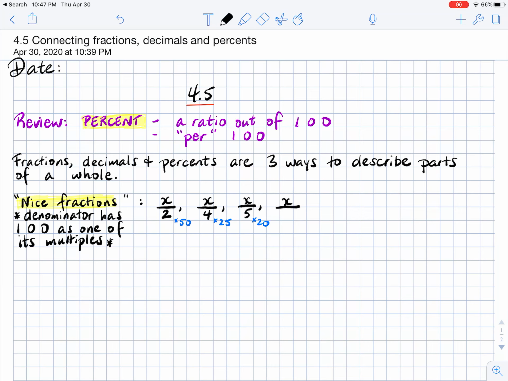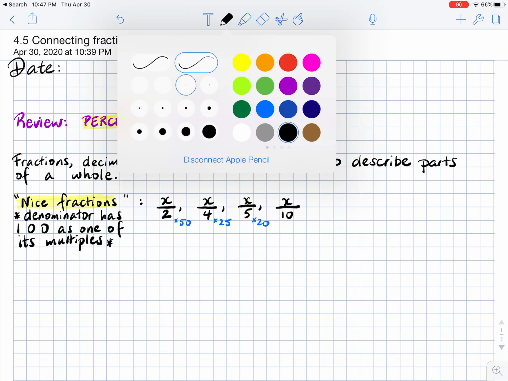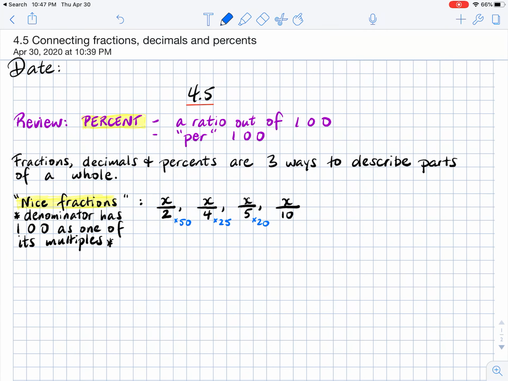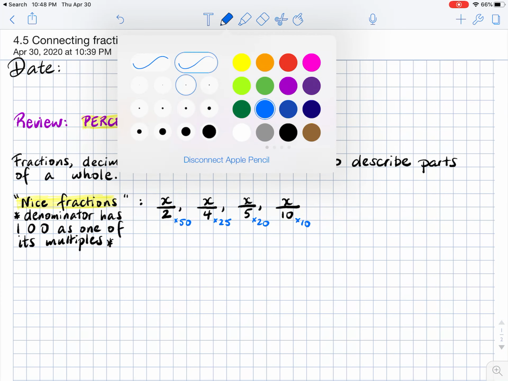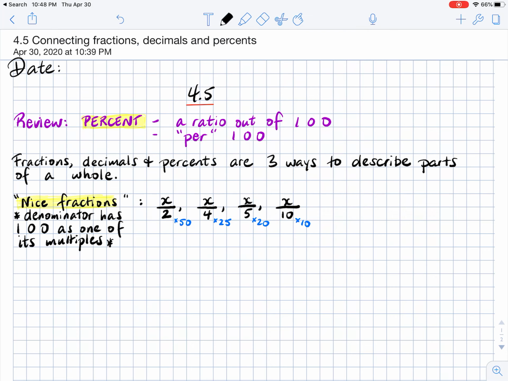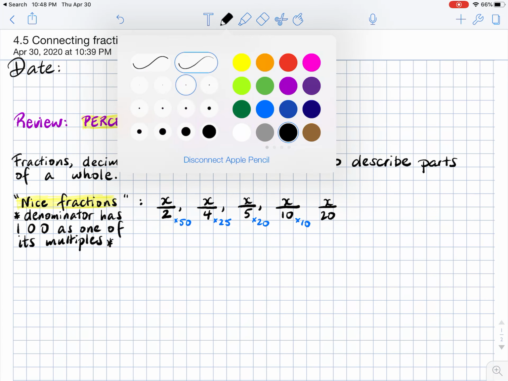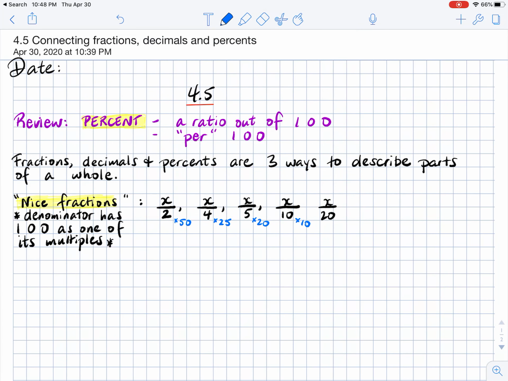I think the next one is x over 10. Now, again, how many times do you multiply 10 to get to 100? I know it's going to be 10 times 10. That will give me 100. The next one up from there, 15, 20. So I believe it would be x over 20 would be the next one. Again, how many times do you have to multiply 20 to get to 100?